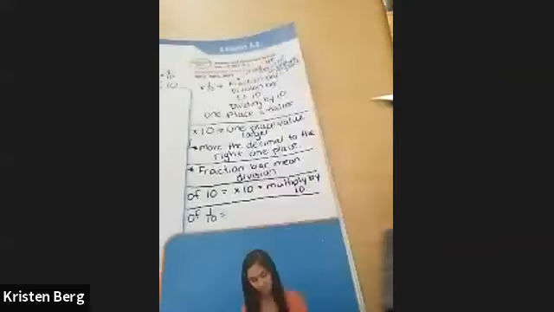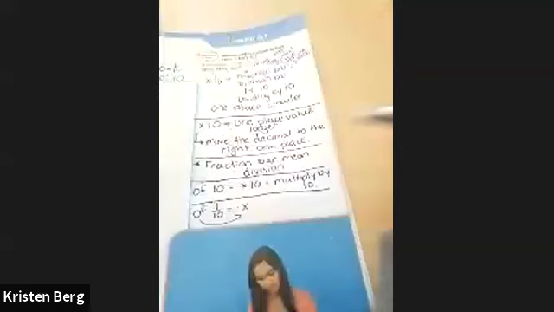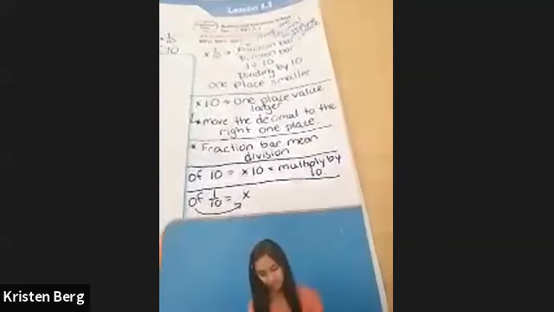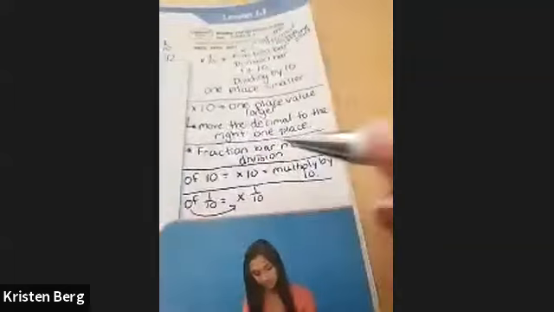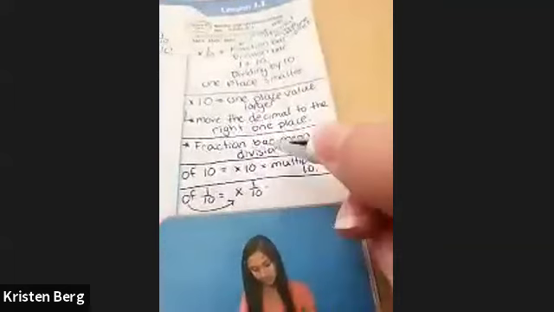And the other thing that you are going to be seeing, and this kind of catches a lot of people off guard, so please bear with me, is of a tenth. Well, yes, of means multiply. So whenever you see the word of, that means multiply. However, the issue with this one is that, remember what we said, that a fraction bar means division.